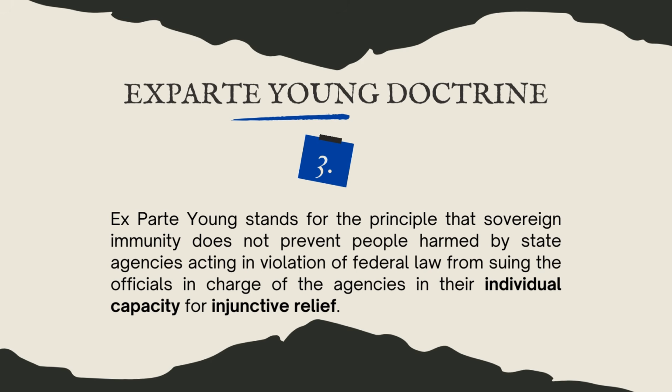Ex parte Young stands for the principle that sovereign immunity does not prevent people harmed by state agencies acting in violation of federal law from suing the officials in charge of the agencies in their individual capacity for injunctive relief. So let's illustrate this.